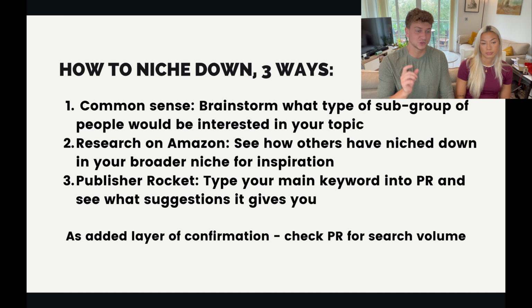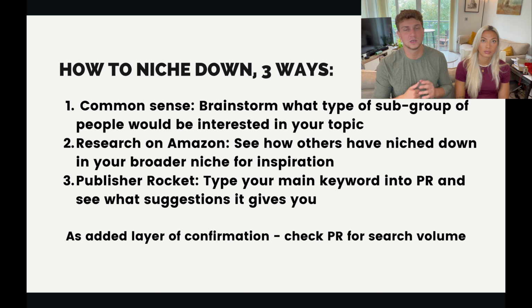And actually something else really good about Publisher Rocket, when you're in that keyword search functionality, it will also tell you the search volume of all the different keywords that it suggests. And it will tell you how many times per month these keywords are being searched on Amazon. So really useful tool, and really useful information you can use to decide which route you want to go down in terms of niching down.